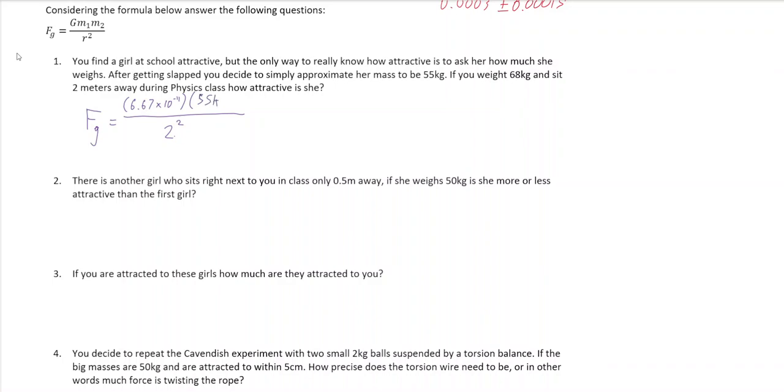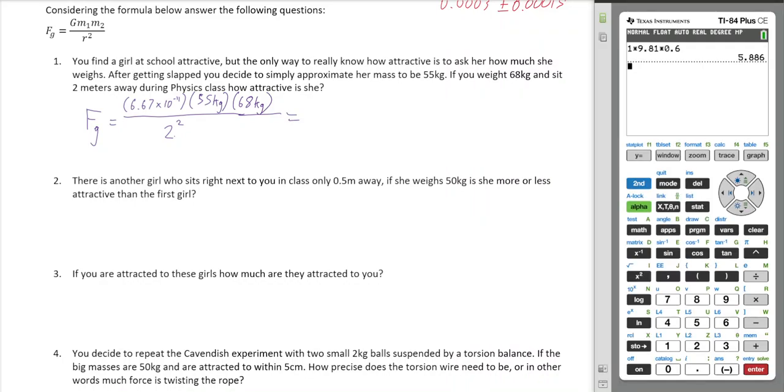Does the mass order matter? No, it doesn't matter. I want you to think about it. The mass order does not make a difference if you have M1, M2, or M2 then M1. It doesn't make a difference which one's which. But anyways, this is what you should get. So now let's plug all of this stuff in.